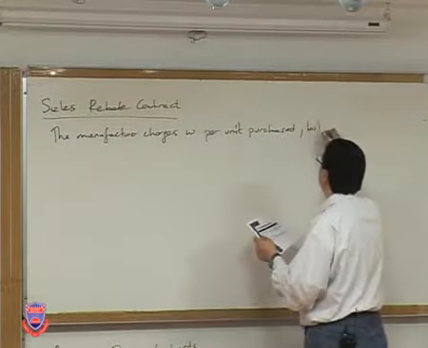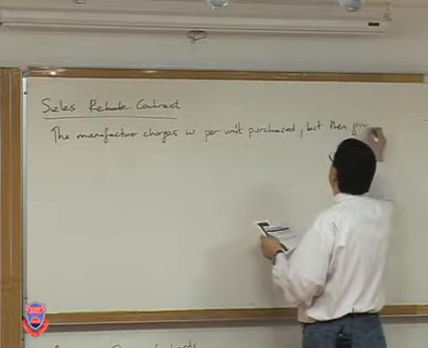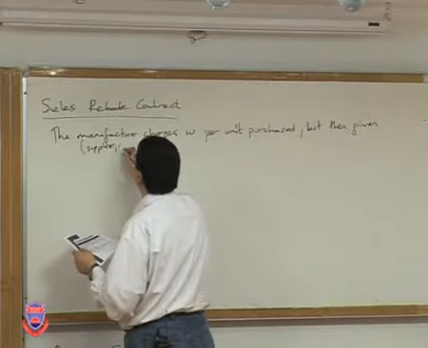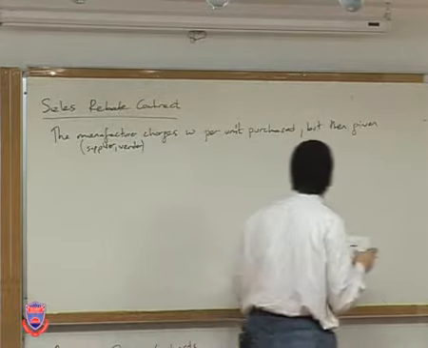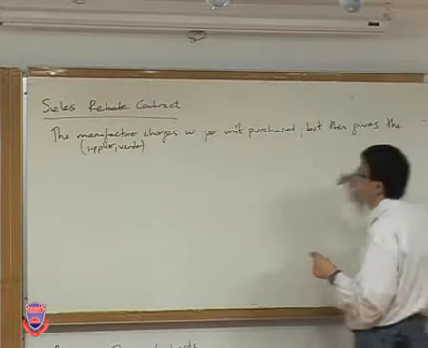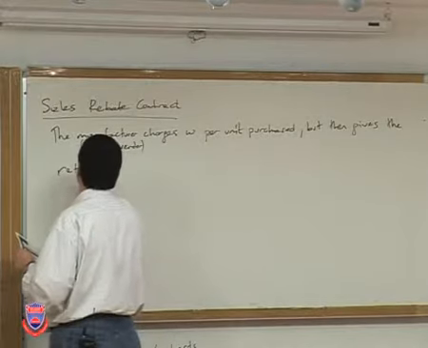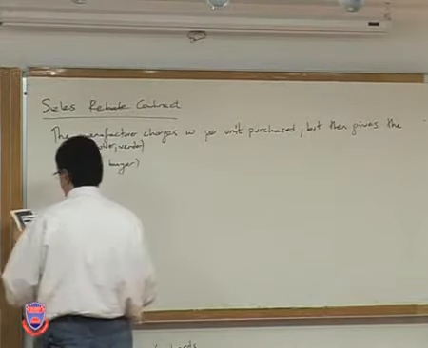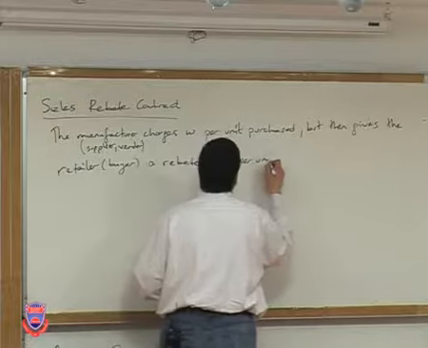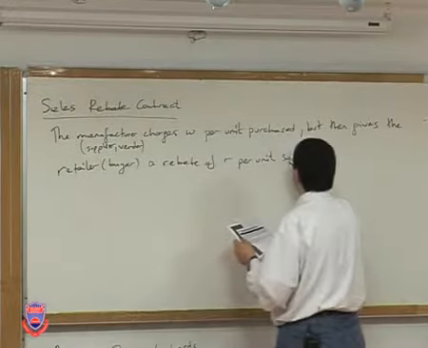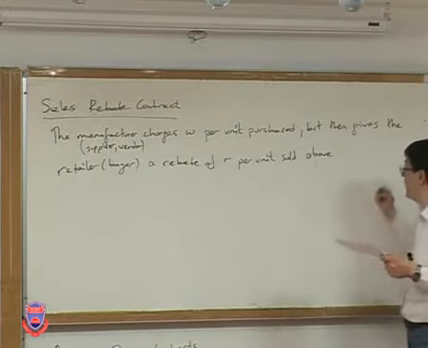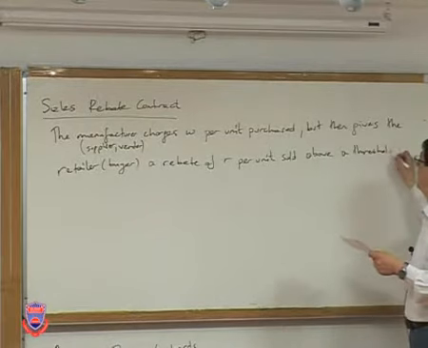But then gives the retailer, the buyer, a rebate of R per unit sold, as long as the quantity sold is above a threshold T. I mean the supplier or vendor, I'm using those words interchangeably.